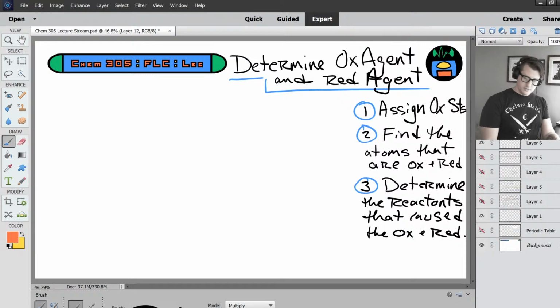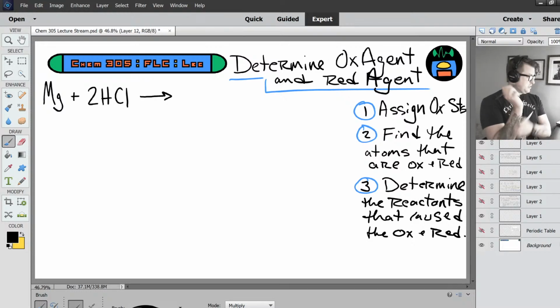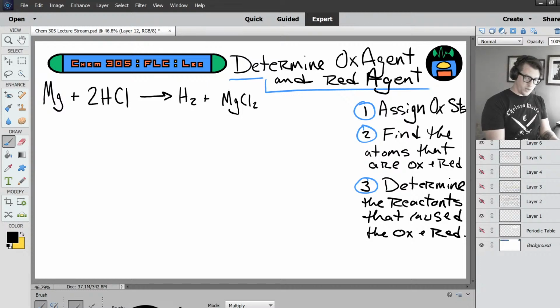Consider the reaction. Again, this one's borrowing from a recent lab between magnesium metal and HCl, hydrochloric acid, to produce H2 and magnesium chloride.